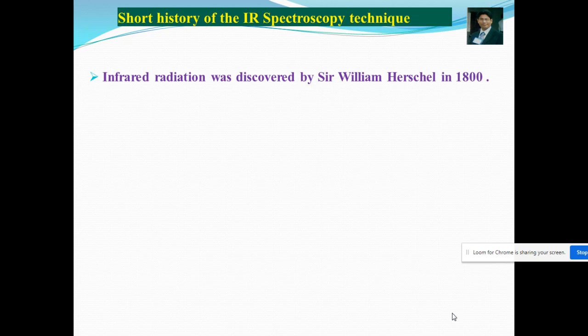And he was the pioneer of the use of astronomical spectrophotometry, using a prism and temperature measuring equipment to measure the wavelength distribution of stellar spectra. In the course of these investigations, Herschel discovered infrared radiation.